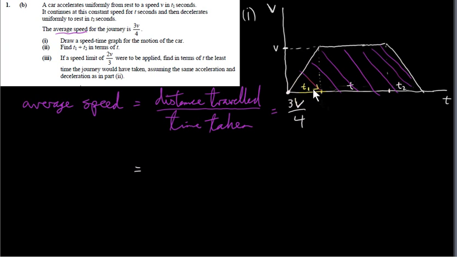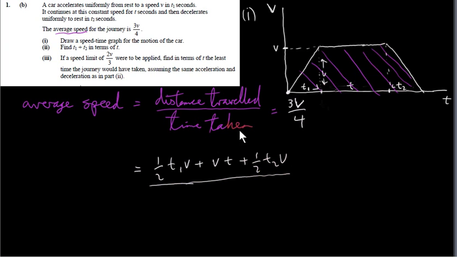It's a right angle triangle, base t1, height v, so half the base by the perpendicular height, half t1 v, plus the area of this rectangle, v times t, plus the area of this right angle triangle, half t2 times v. That's the distance travelled.